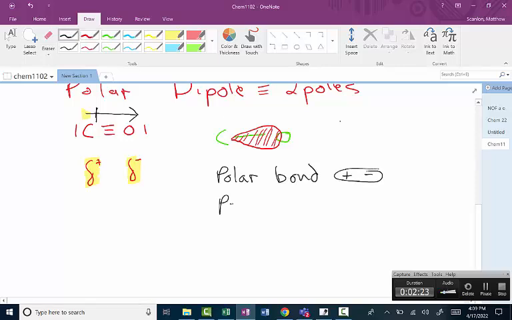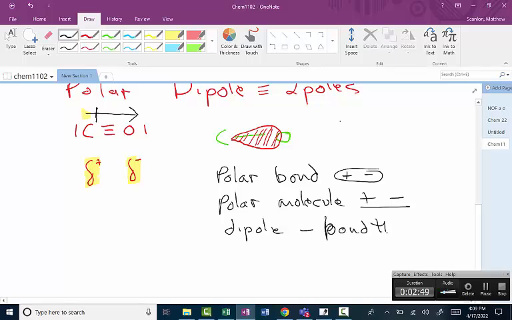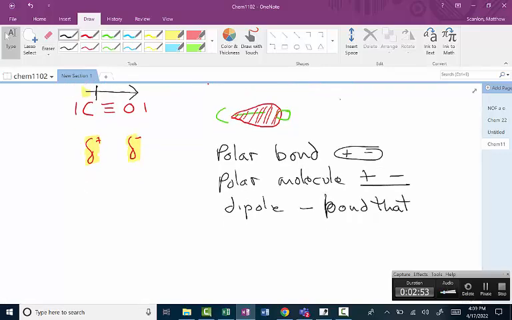A polar molecule means the molecule has one plus end and a negative end. We'll see examples where a molecule is not polar but has polar bonds. These are said to have dipoles, which means you have a bond that shares electrons unequally.